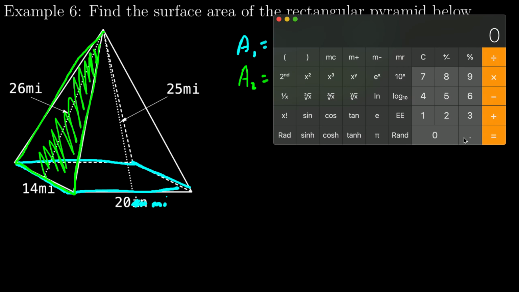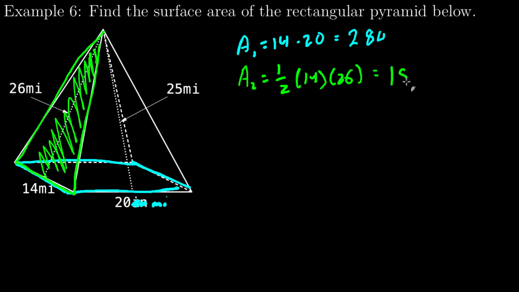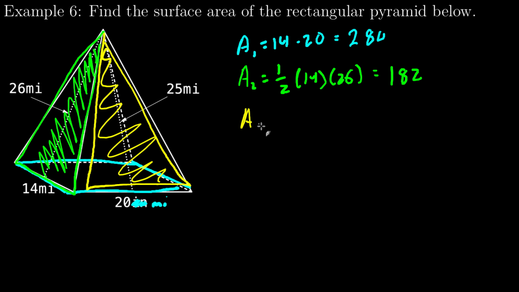So 0.5 times 14 times 26. Oh, that's good. All right, 182. And now for the front and back faces, I have this 20 by 25. And so that will be 1/2 times 20 times 25. Half of 20 is 10. 10 times 25 is 250.